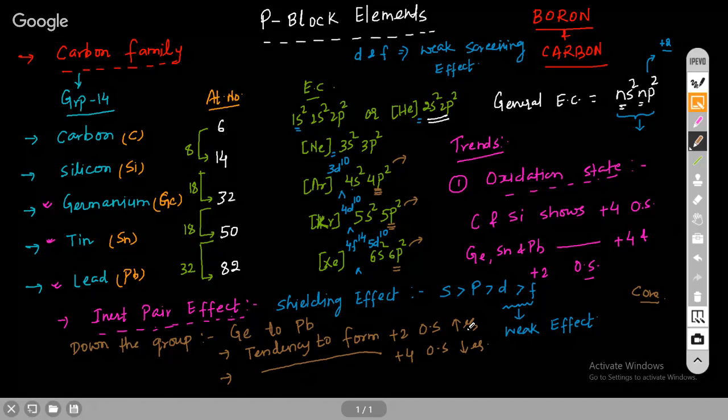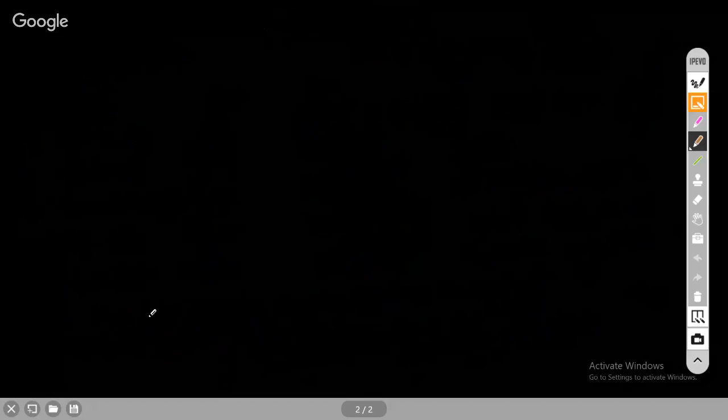Right? So one thing you write down here, stability order. For +4 oxidation state, the stability is this.